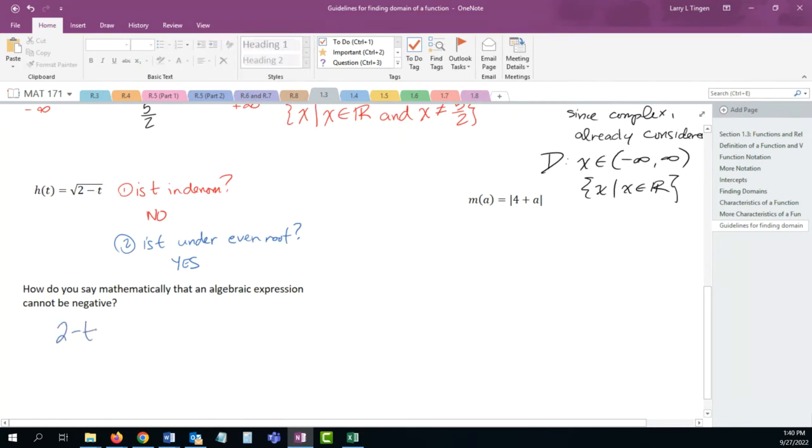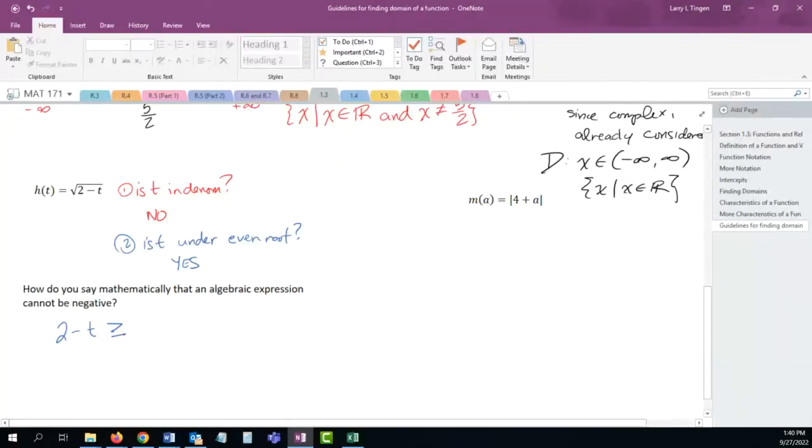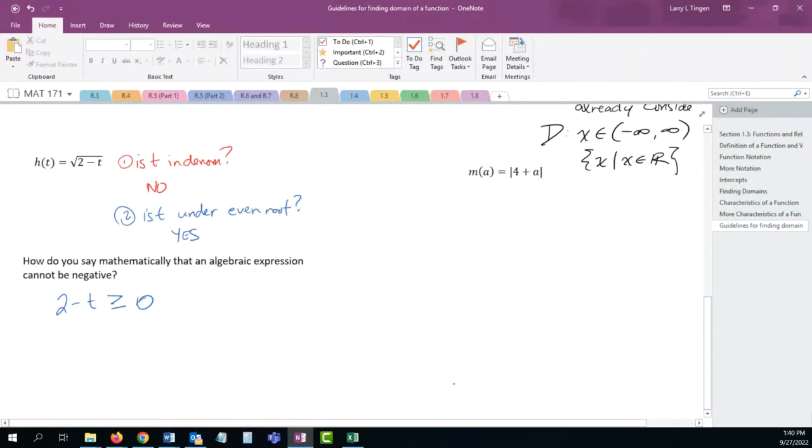I literally take what's under the root, called the radicand, and say 2 minus t must be greater than or equal to 0. It's always the radicand, always what's under that even root. And then I solve this.